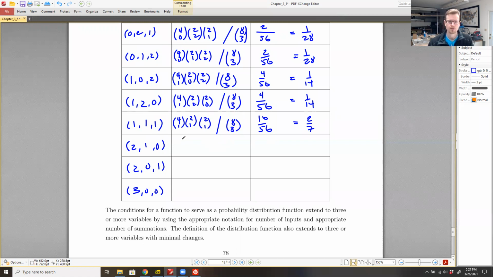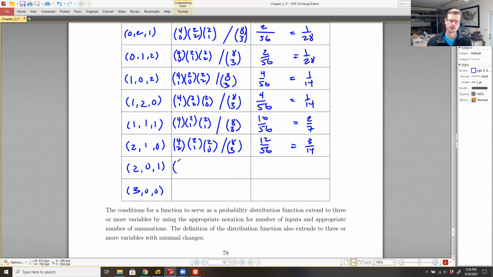And then 4 choose 2, times 2 choose 1, times 2 choose 0, divided by 8 choose 3. 4 choose 2 is 6. So 6 times 2 is 12, times 1 is still 12. So 12 over 56 is 3/14.